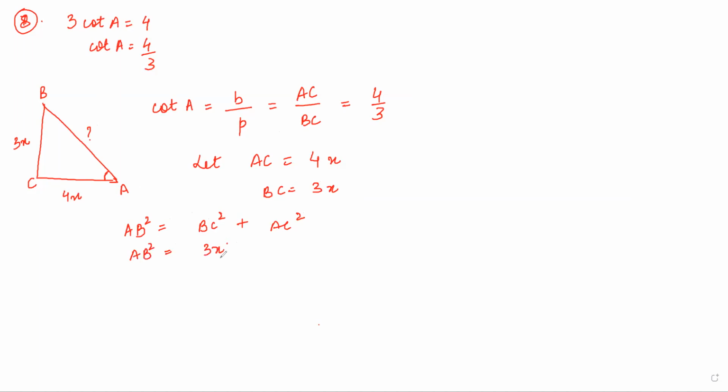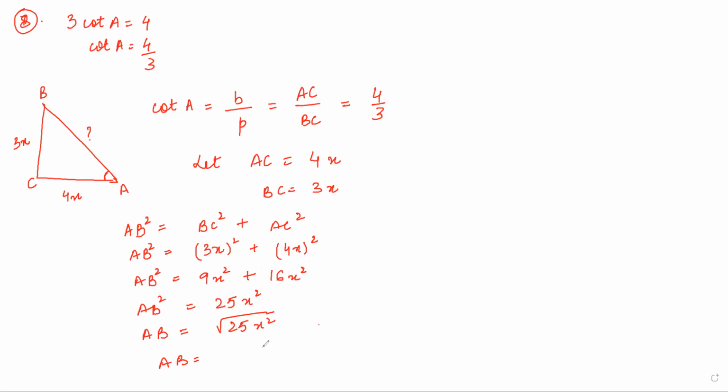BC is 3x whole square plus 4x whole square. So AB square is 9x square plus 16x square, correct? So AB square is 25x square. Then you take square root, under root of 25x square. So AB will be 5x. Yes, good. So you have got this side also, which is 5x.